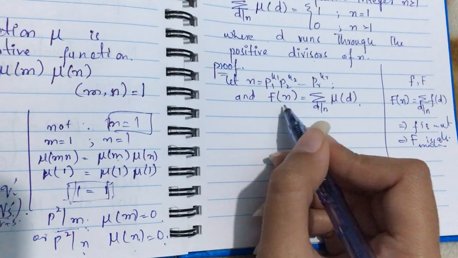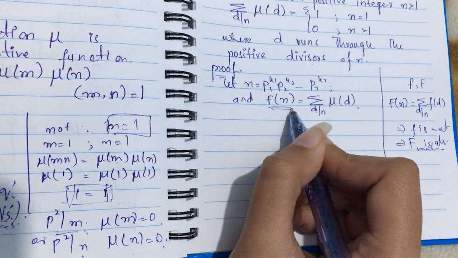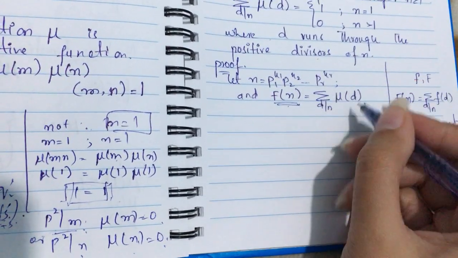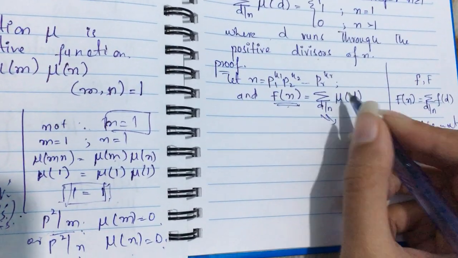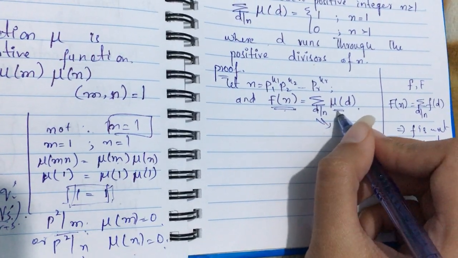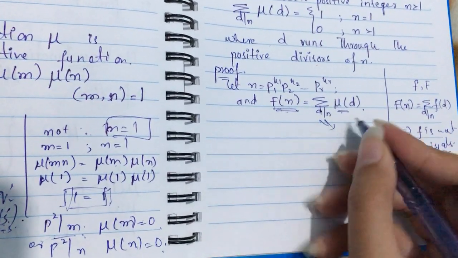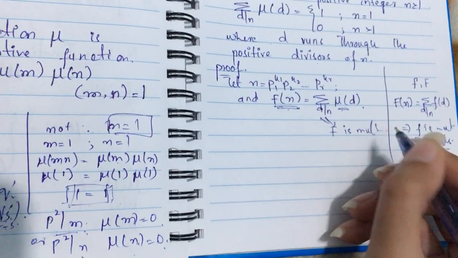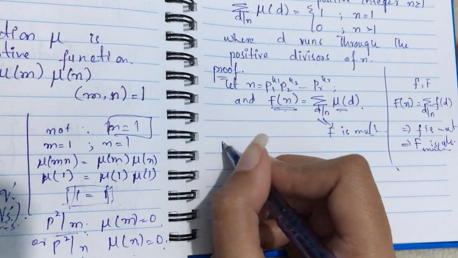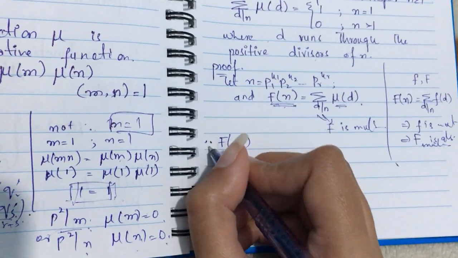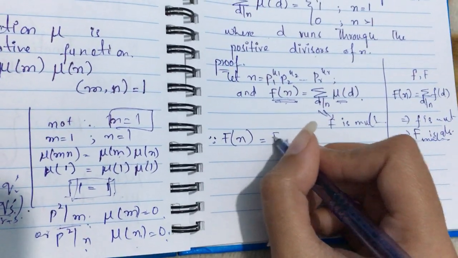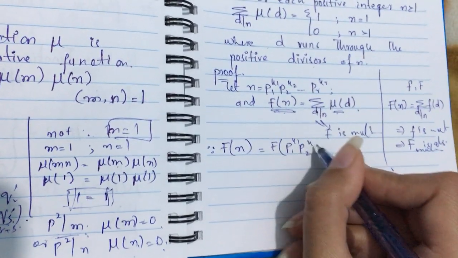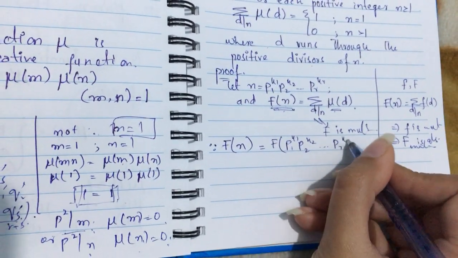So I am taking this number and I am going to check whether it is equal to 0 or not. In this result, if f is multiplicative, then F is also multiplicative. So I can write F of n as F of p1 k1 p2 k2 up to pr kr.